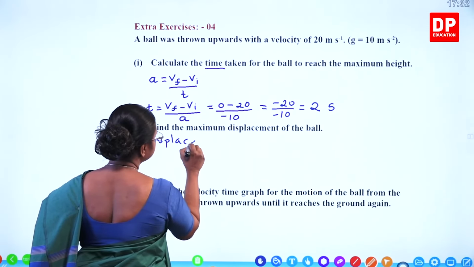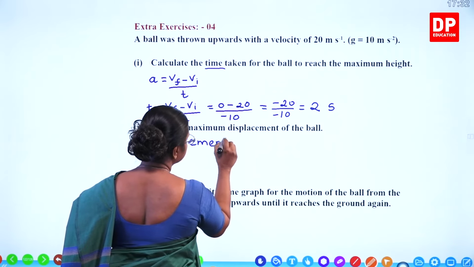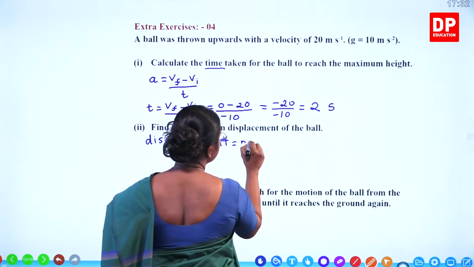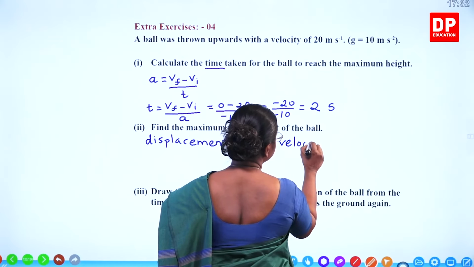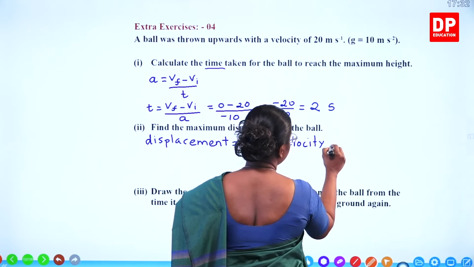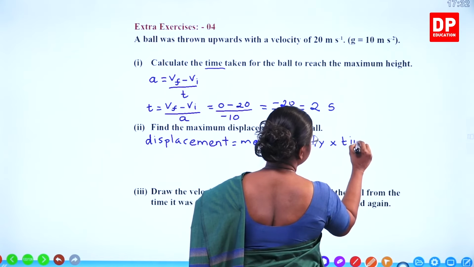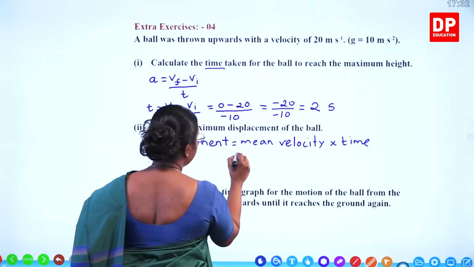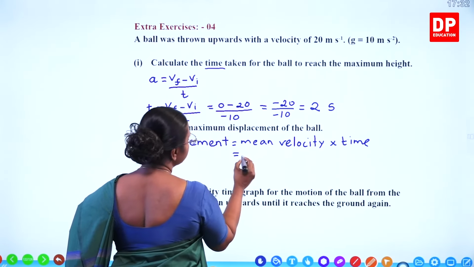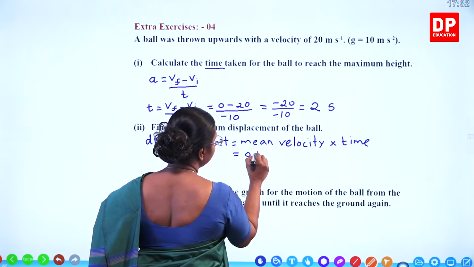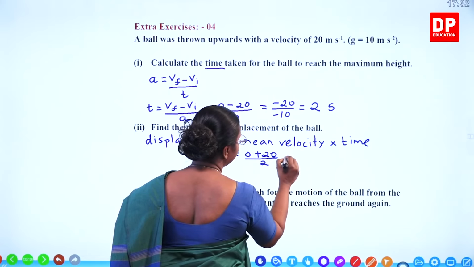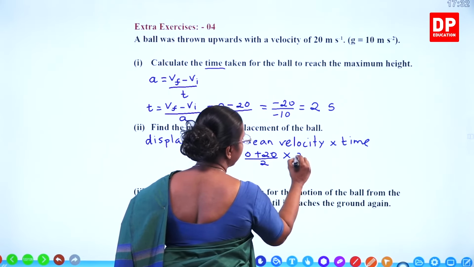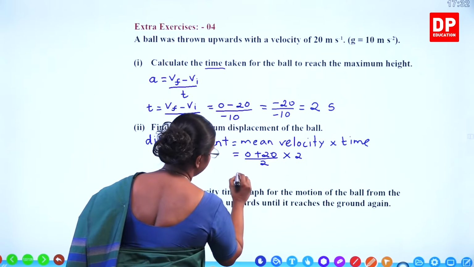displacement equals mean velocity into time. So that is going to be mean velocity, 0 plus 20 divided by 2 to calculate the average, and time we have calculated as 2 seconds.